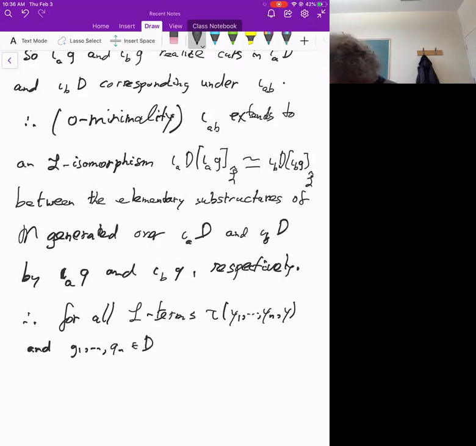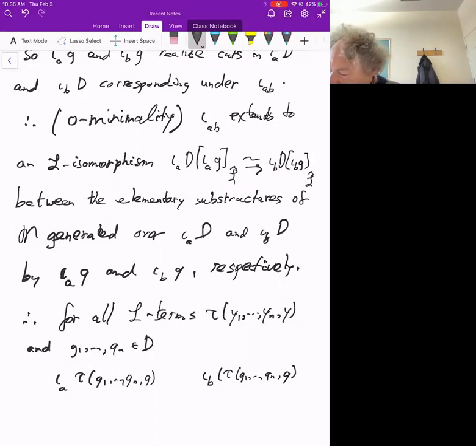What we get here is that you can consider iota a of tau(g1, ..., gn, g), and you can also look at iota b of tau(g1, ..., gn, g), but they have to have the same sign because they correspond under this L isomorphism that I indicated higher up.